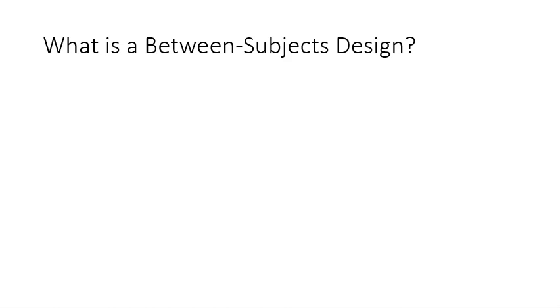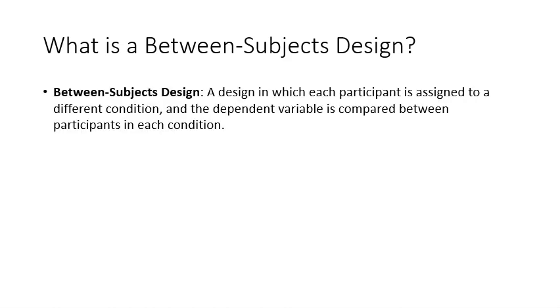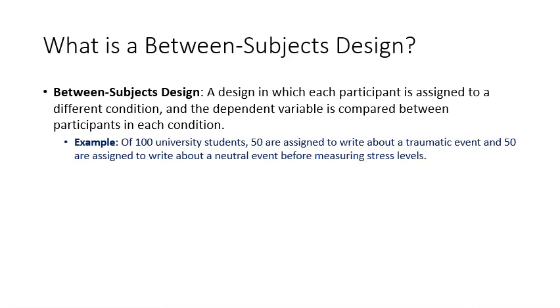So what is a between subjects design? It's a design in which each participant is assigned to a different condition, and the dependent variable is compared between participants in each condition. So, quick example, of 100 university students, 50 are assigned to write about a traumatic event and 50 are assigned to write about a neutral event before the researcher measures their stress levels.